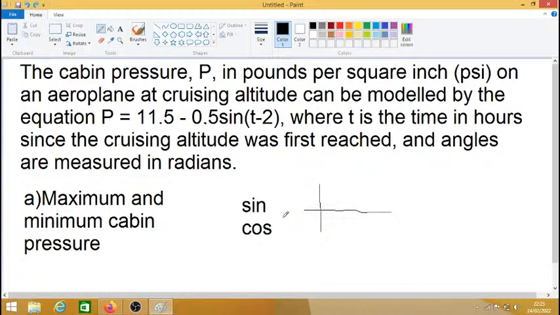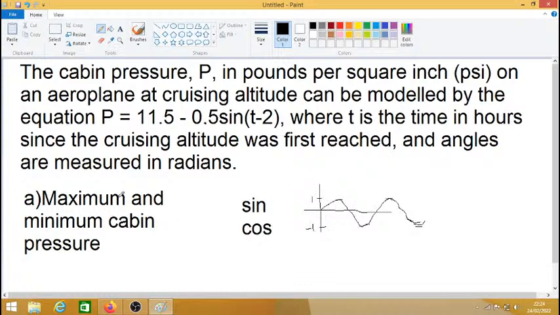It'll always reach the same height when it comes back up, and then the same minimum when it goes back down. So this minimum here and this minimum here will always be the same. The maximum is always going to be the same. What is that maximum and minimum? The maximum is 1 and the minimum is minus 1.